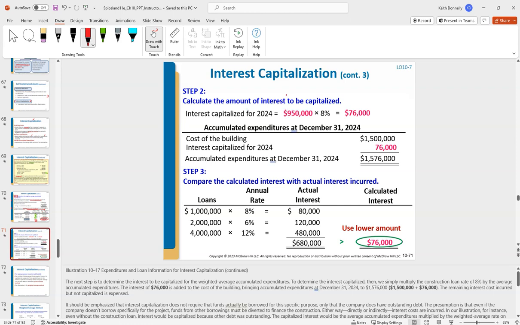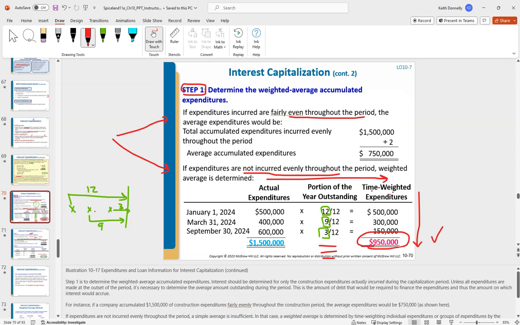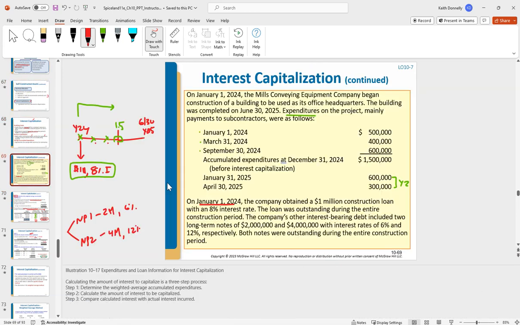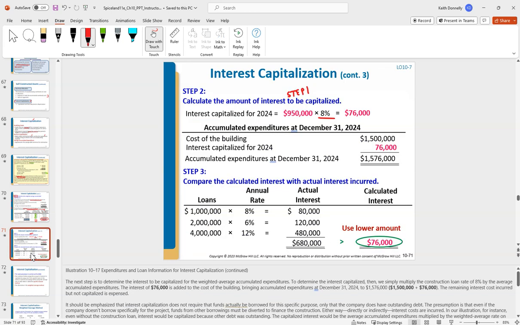So we take the 950, step 1, and multiply it times the 8%, which is the $1 million loan. They're telling us there was an 8% rate on that. So that gets us 76,000.